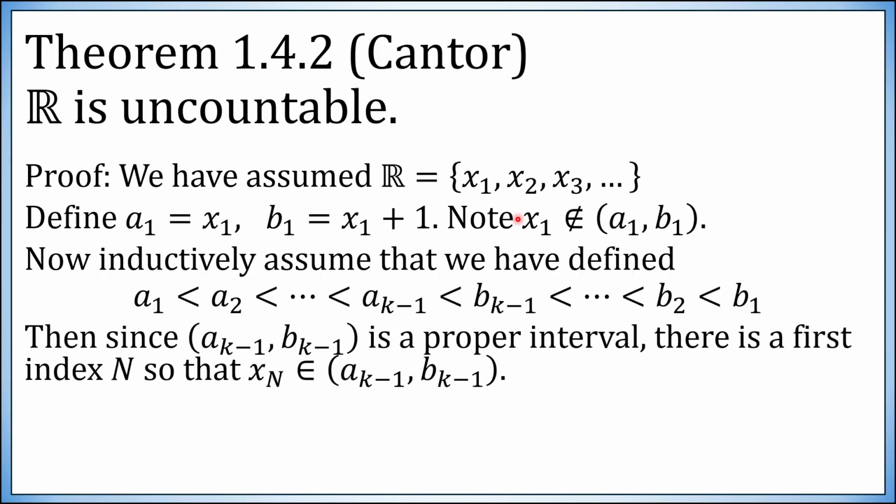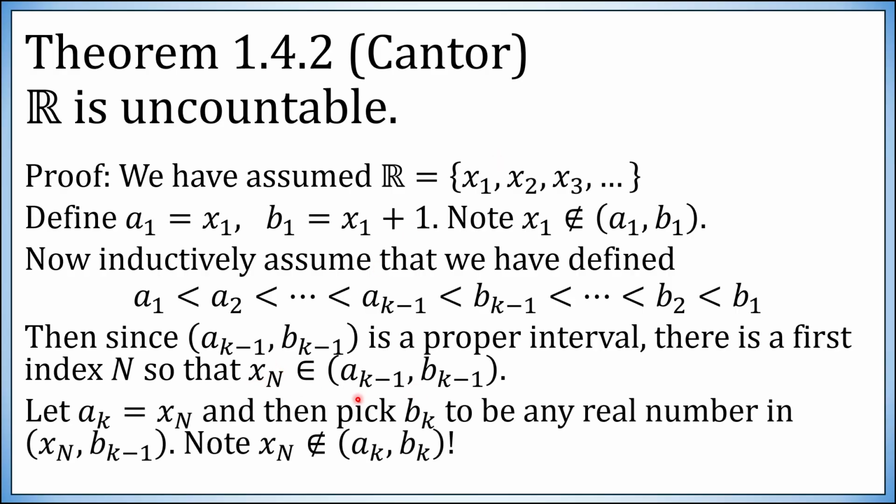Okay. By assumption, this right here forms a proper interval, which means there are real numbers in it. Every real number is in our list, so find the first index, x sub capital N, that belongs to this interval. Make that your next a sub k. So having picked a sub k minus 1 to b sub k minus 1, if I find something that's in this interval, it's definitely bigger than the previous a, so I keep this part of the inductive construction going.